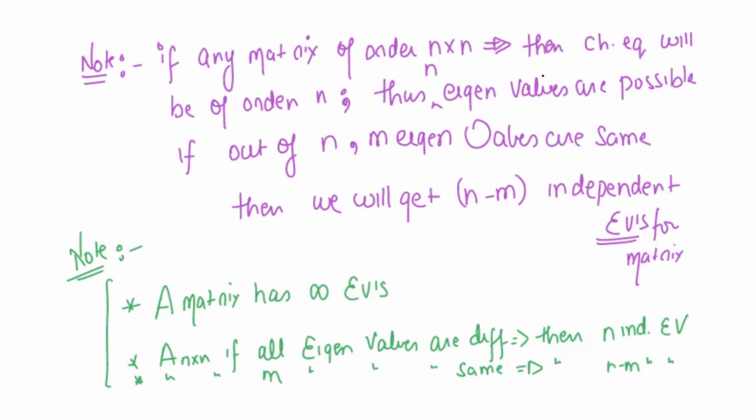Note, if any matrix is of order n cross n, then the characteristic equation will be of order n. Thus n eigenvalues are possible.